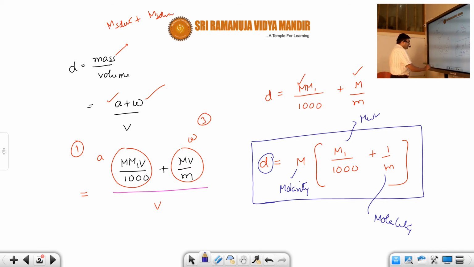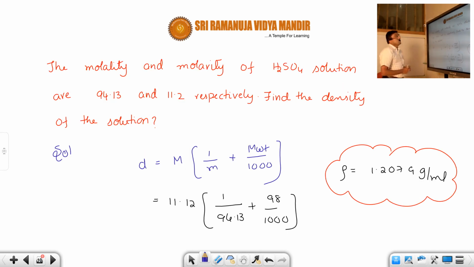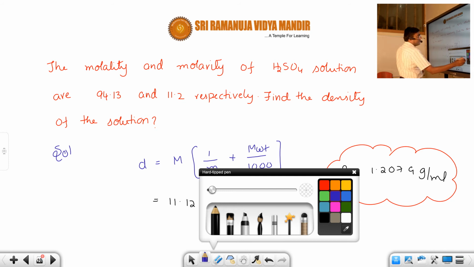Now let us move forward. On the basis of the derivation which you have learnt just now, I would like to offer an illustration for you for better understanding. So let us see the illustration. Now in this illustration, what is given?